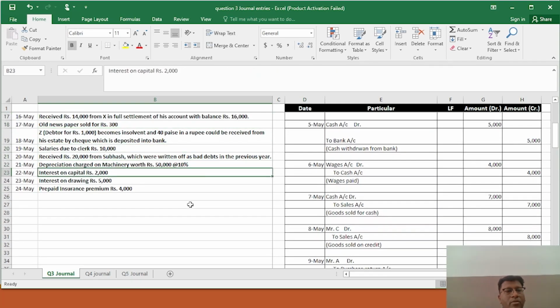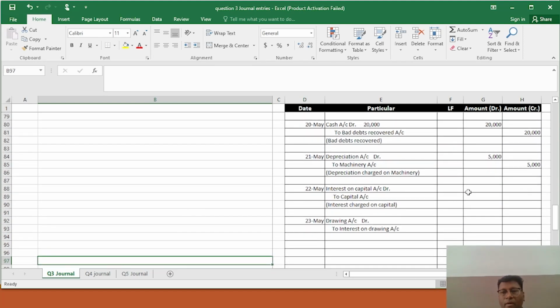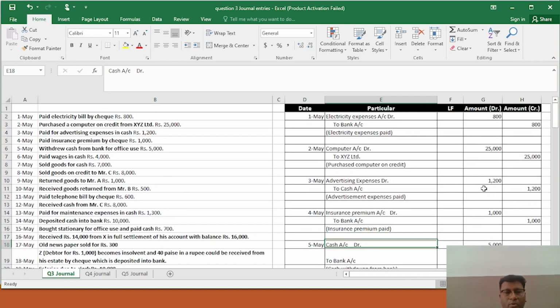So interest is 2000, interest on drawing 5000. So we mention the value 2000, right? And the interest on drawing was 5000, and the credit side again 5000, right? And what about the narration? That interest charged on drawing. Okay, and the last transaction as per the question.